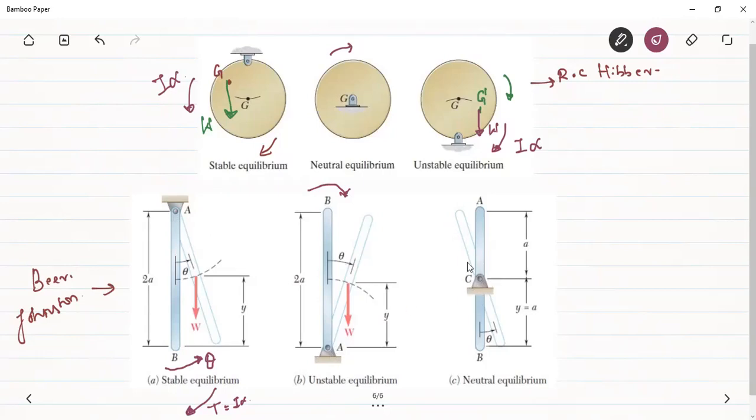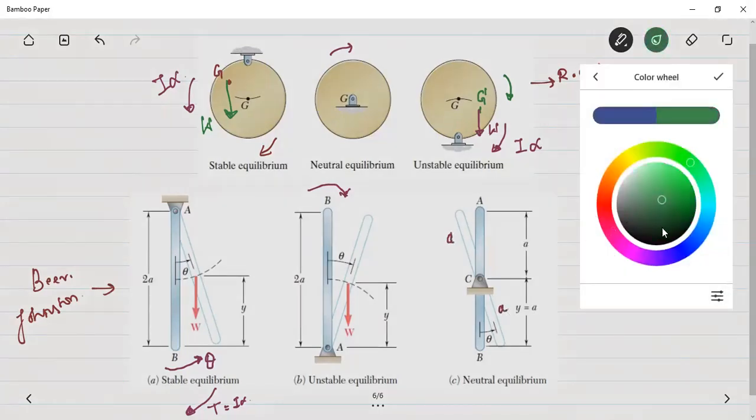And if this is a homogeneous bar, then we can say that if the total length of the rod is equal to 2A, then this portion of the rod will have a length of A, and this will have a length of A. What will be the weight if this is a homogeneous bar?